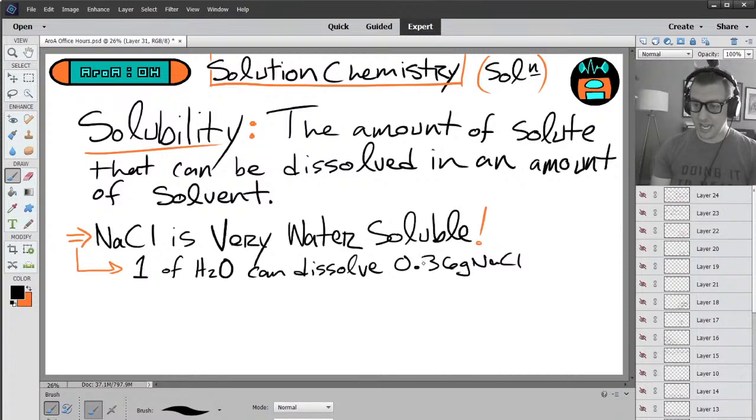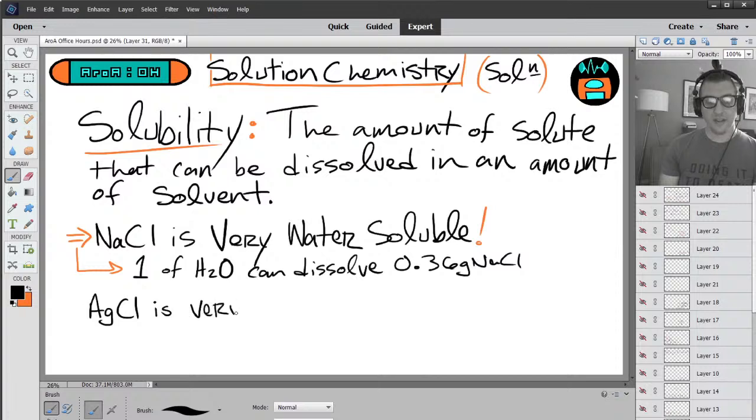That is high solubility. In contrast, silver chloride, you'll notice we have the same anion here. It's chloride both times, but we've just changed it from sodium to silver. Silver chloride is very insoluble in water.